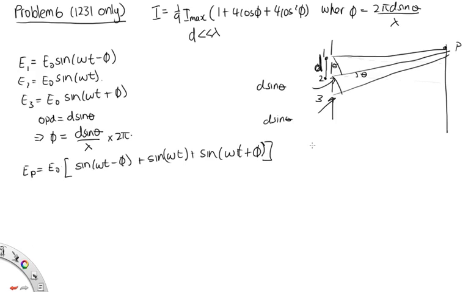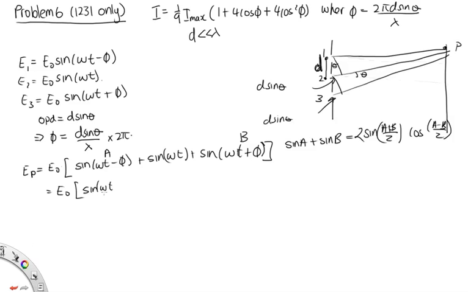And what we're going to do now is use the mathematical relationship: sine A plus sine B is equal to sine of A plus B on 2 times cos of A minus B on 2, and this is all times 2. So we'll call this one A and this one B. So we've got EP is equal to E naught. Now we've still got this sine omega t, and this sine A plus sine B becomes plus 2 sine.